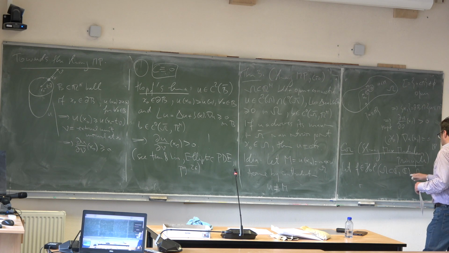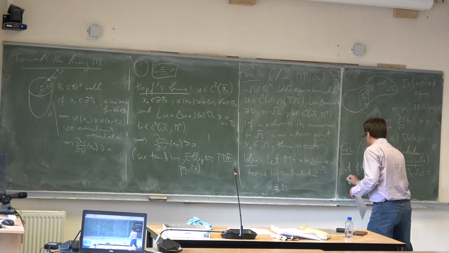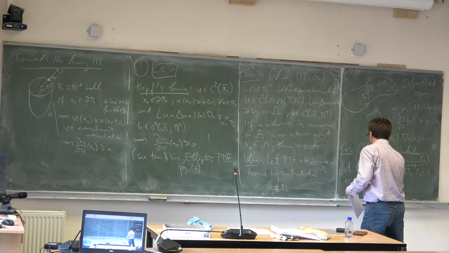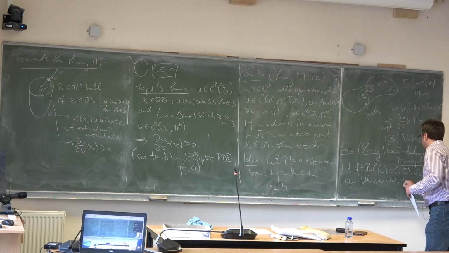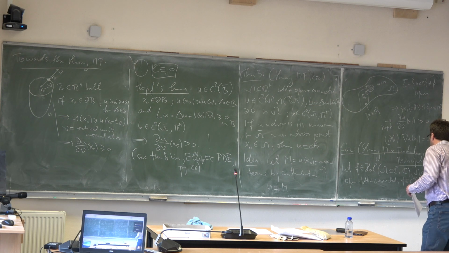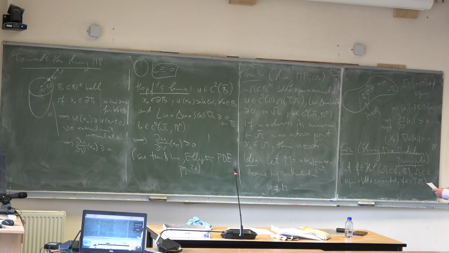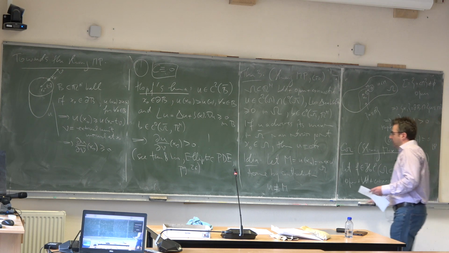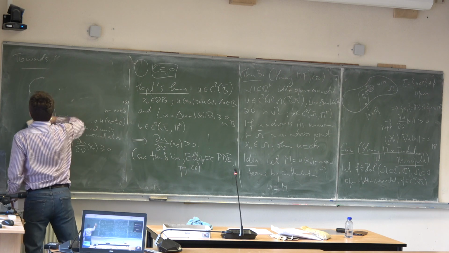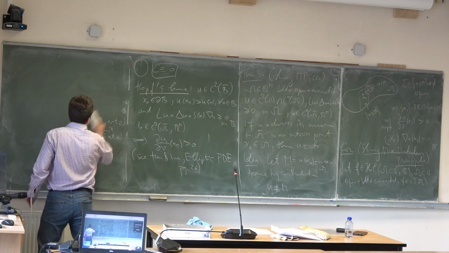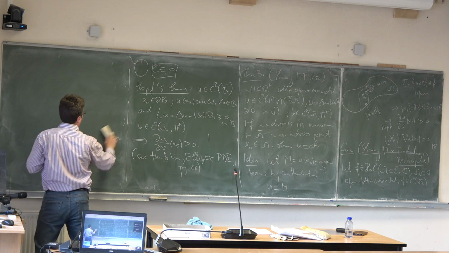So omega is open, bounded, connected, and f is continuous up to the boundary. Okay, so again, if the modulus achieves its maximum inside, then the full f should be constant.